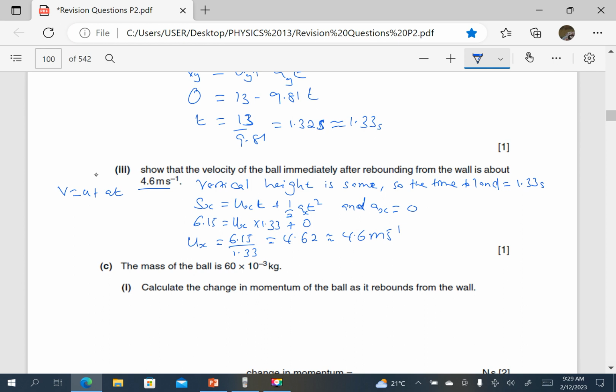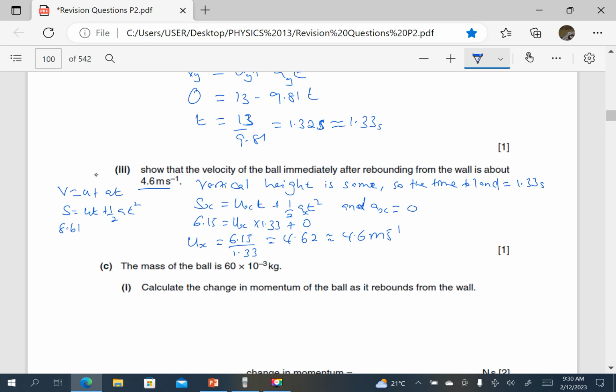Alternatively, you could also think of S equals UT plus a half AT squared in the vertical, and you want the time T. S is the vertical height, which I think was 8.61.